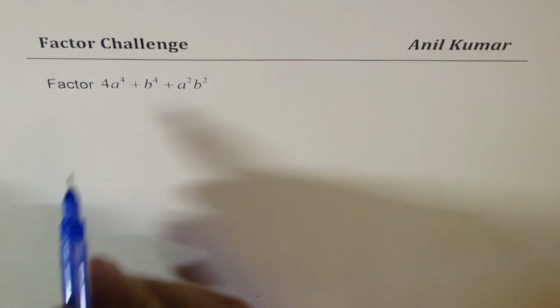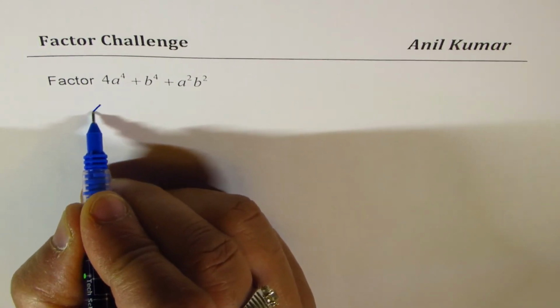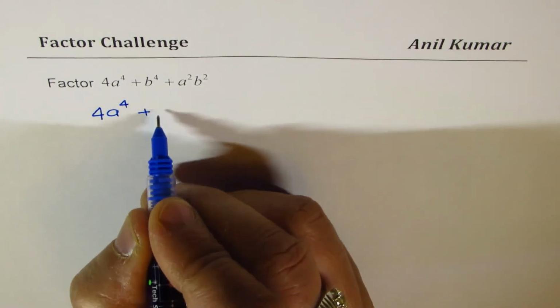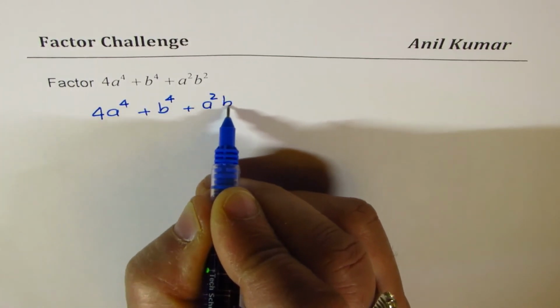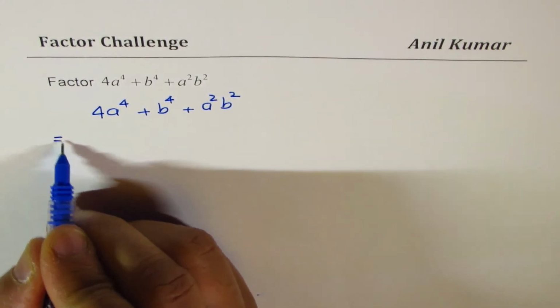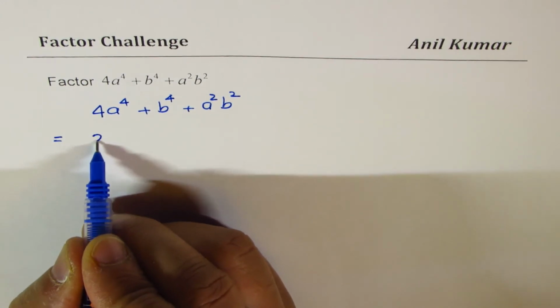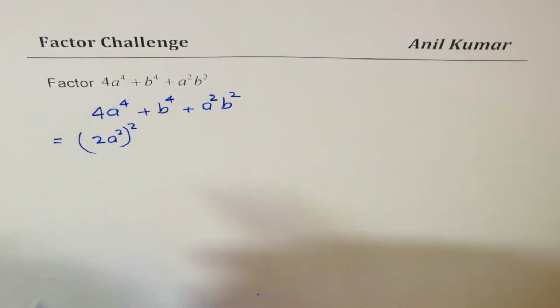Now let us see how to factor this one. So what we are given here is 4a to the power of 4 plus b to the power of 4 plus a square b square, right? Now we could rewrite this as 2a square whole square. So that is 4a to the power of 4.